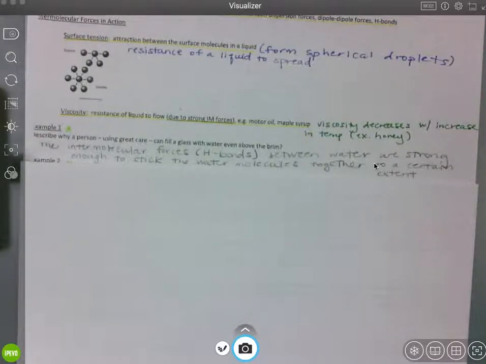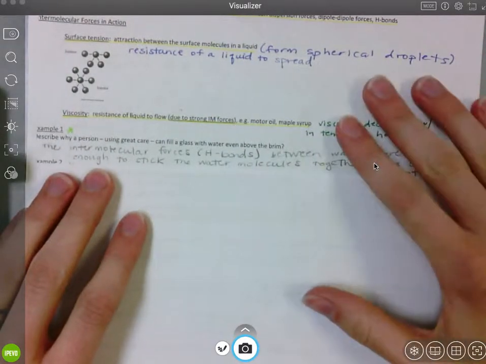And to a certain extent, they're going to keep holding hands until the internal water molecules, not on the surface, push them enough that they have to break hands and gravity takes over and they spill over the edge. But basically, we can fill the glass over the brim with water because of surface tension between water molecules.